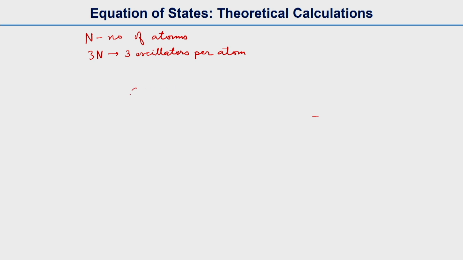If you assume one atom here, then oscillations are in this direction, a perpendicular direction, and a direction perpendicular to these 2, and let us say the oscillation frequency here is nu 2, and this will again be 3. Similarly, other adjacent atoms will have frequencies 4, 5, 6, and so on.